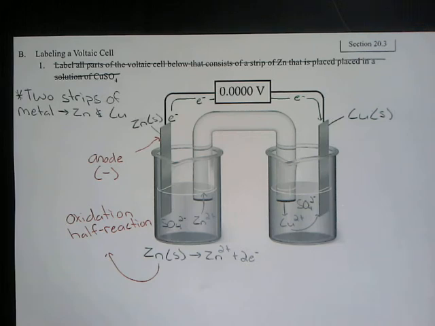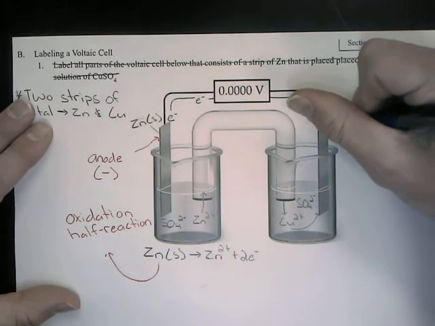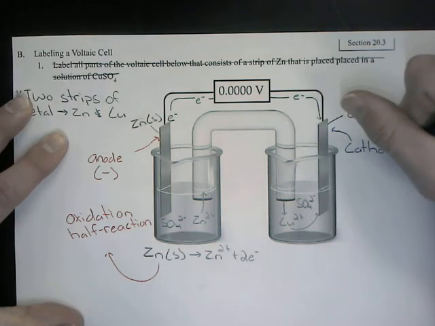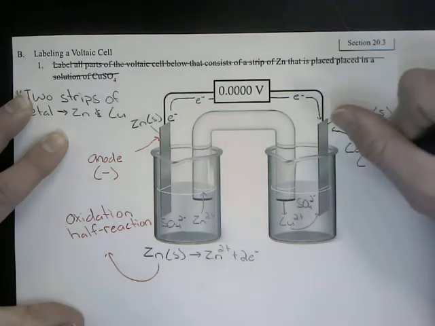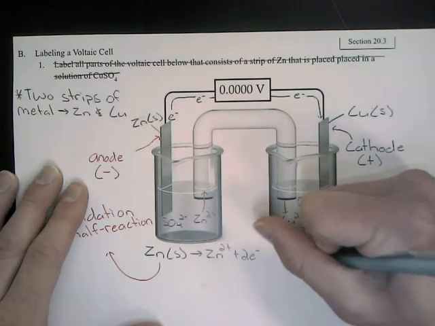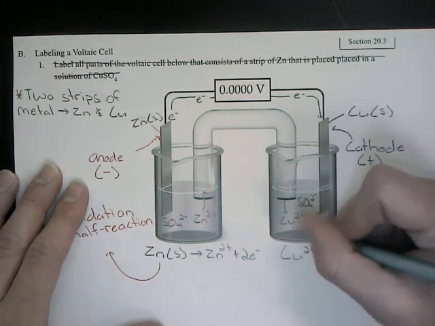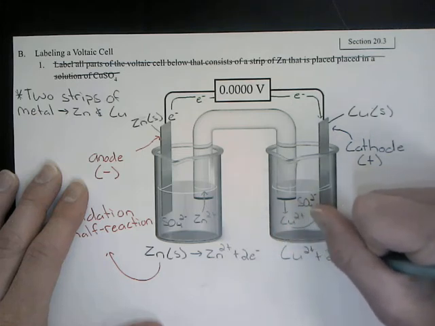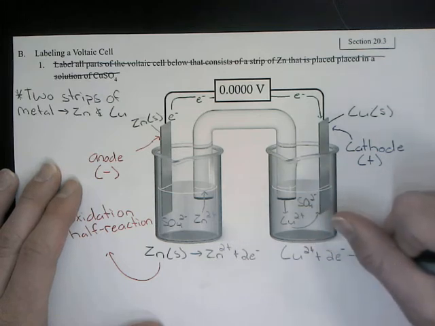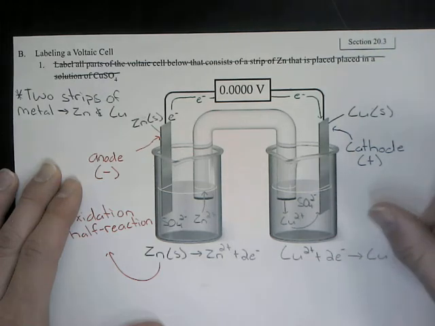Now, what this means about our copper metal is that this is our cathode, okay? So our cathode has a positive charge. Now, what is happening here at the cathode is the reduction half reaction. So that means here that copper 2+ is being reduced to solid copper.